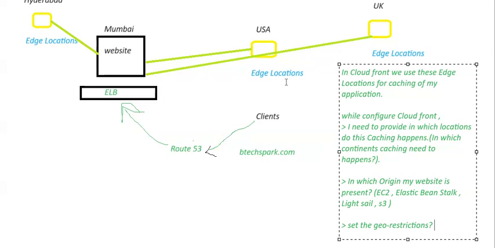Now let us see how this caching happens, or by using which network this caching will happen. This caching will happen by using content delivery network. How caching happens at edge locations?